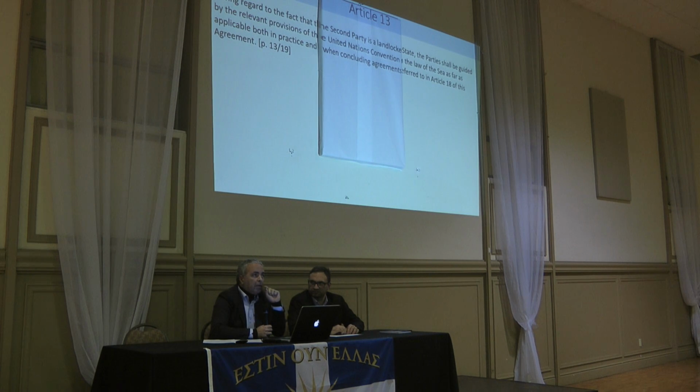So we give them access to our EEZ before we have our EEZ. Because the EEZ is not like the continental shelf, we have to declare it, because it's not a right ab initio. And that's why it's very strange.